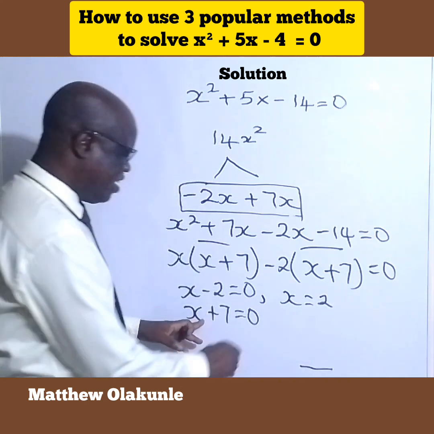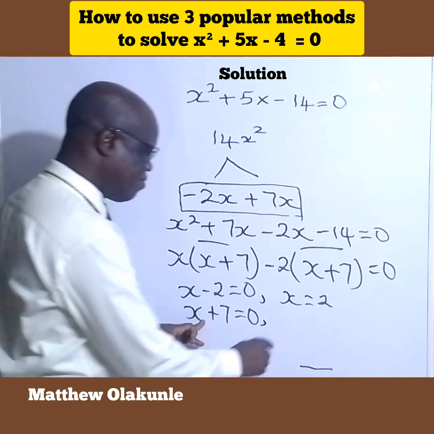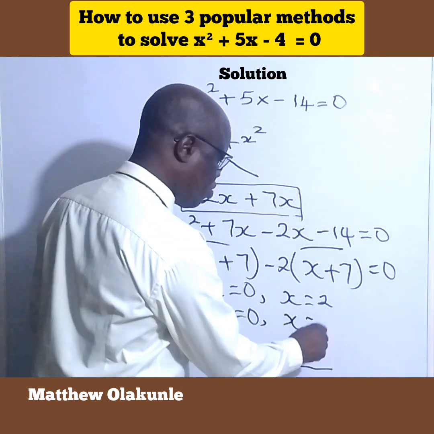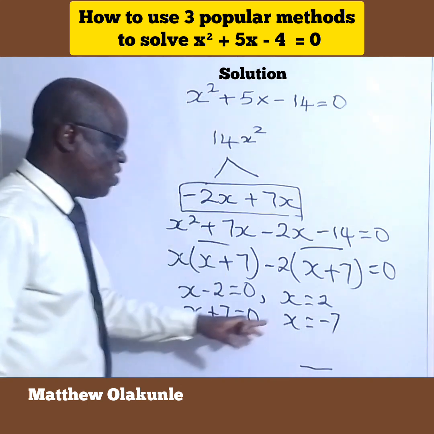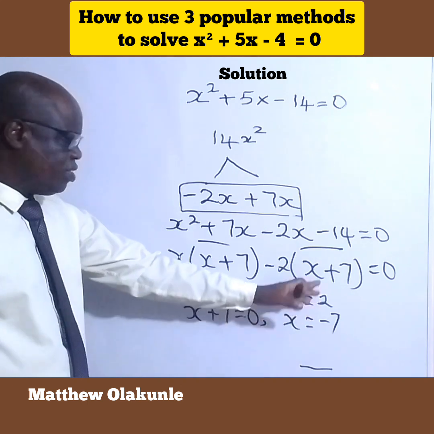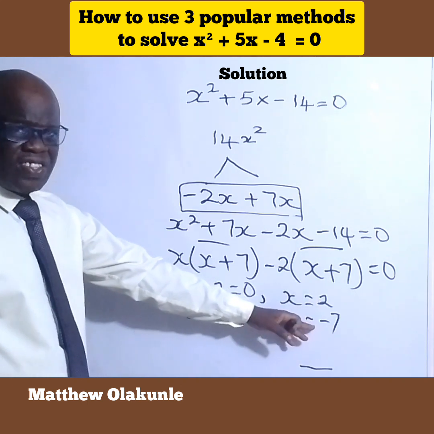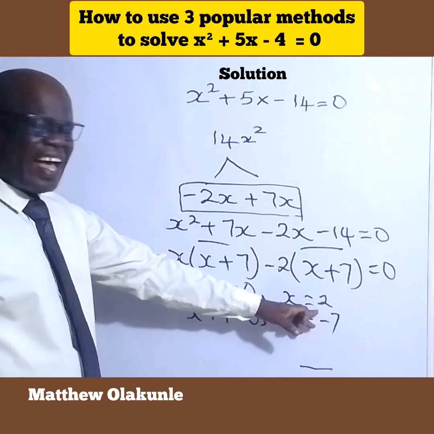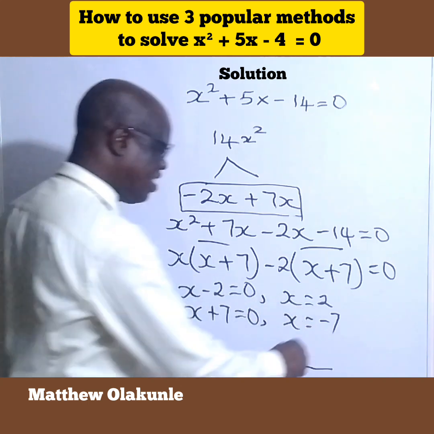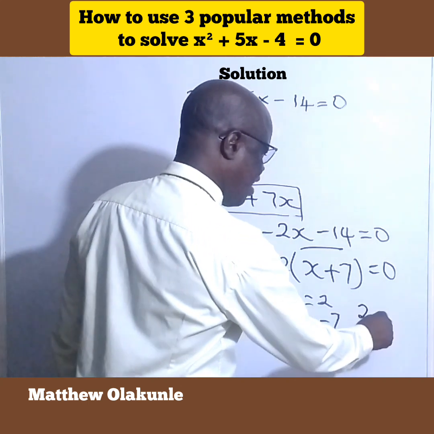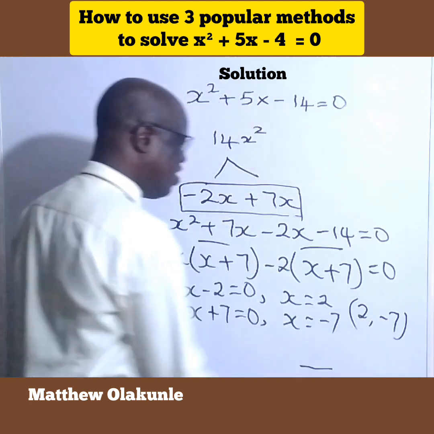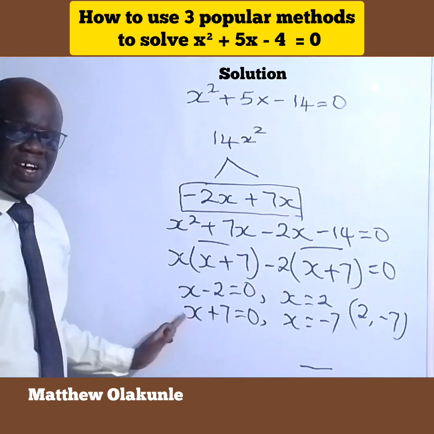And then here, it implies that x equals minus 7. So these are the two situations that we have. These are the two solutions that we have, 2 and then minus 7. So this is by factorization.